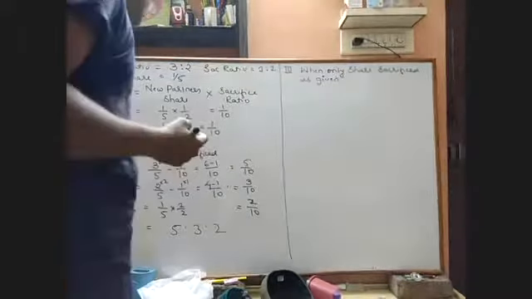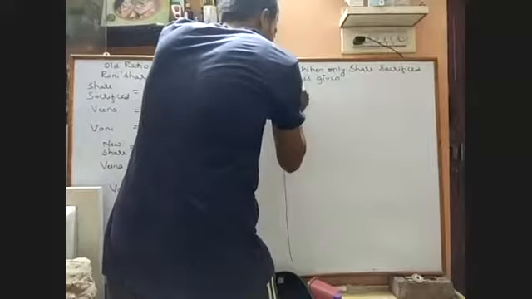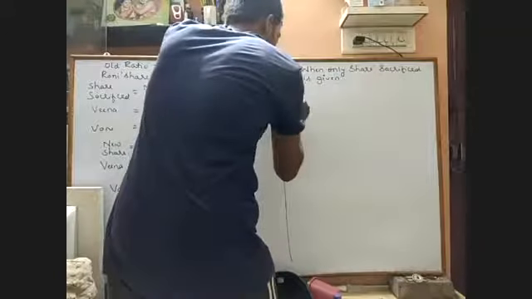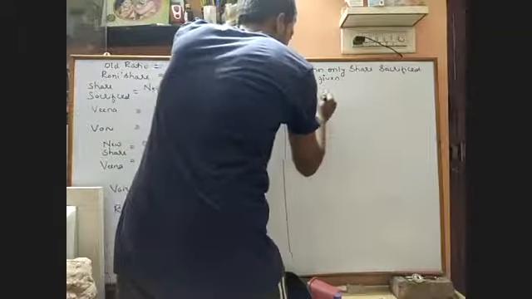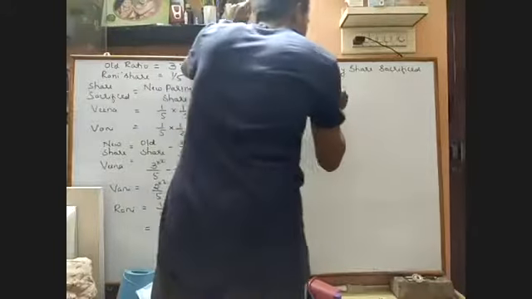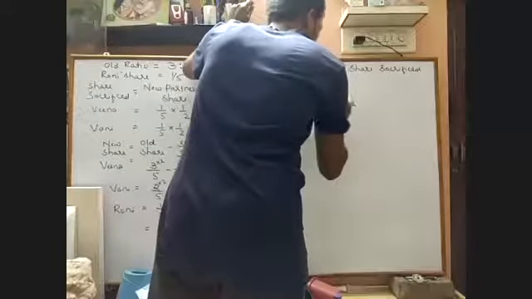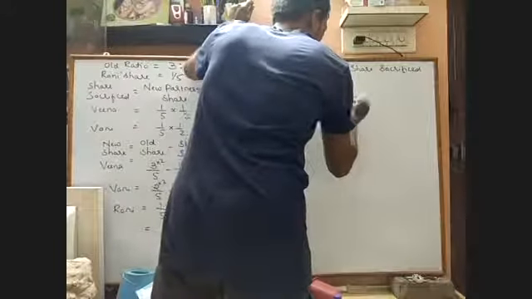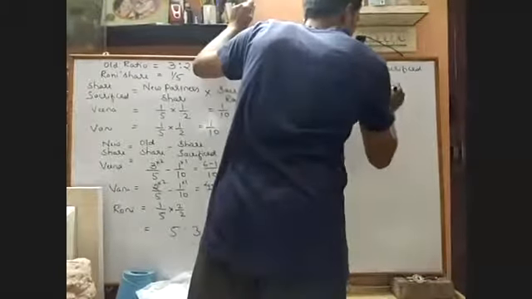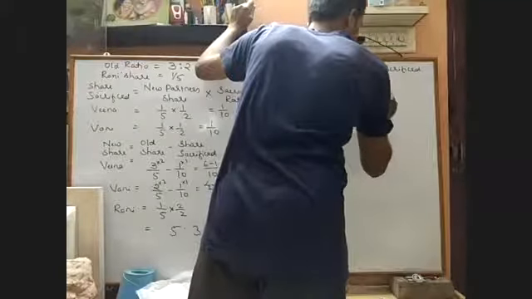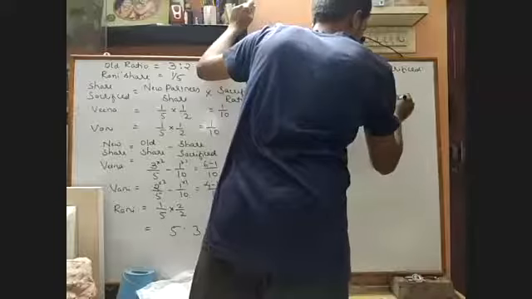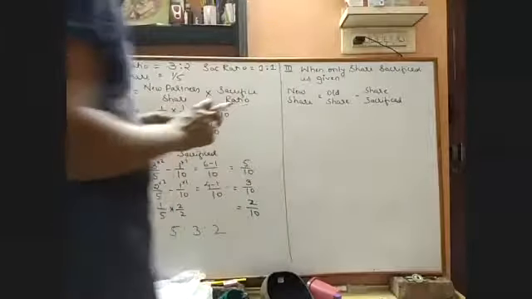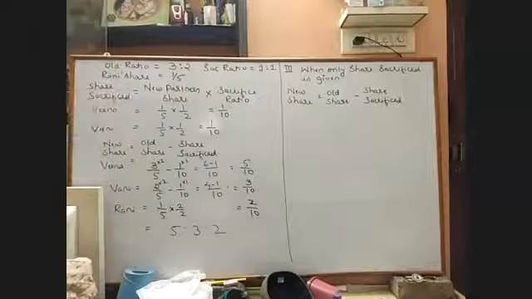Once you write that, you can directly start with the solution, that is new share is equal to old share minus share sacrificed.